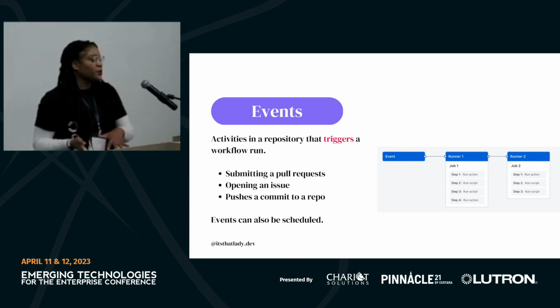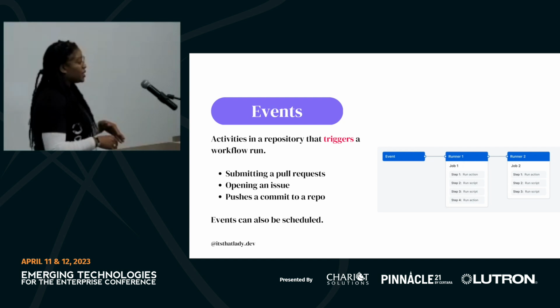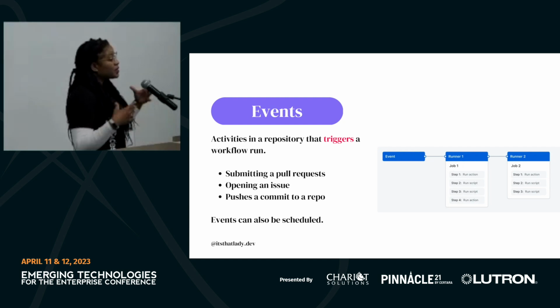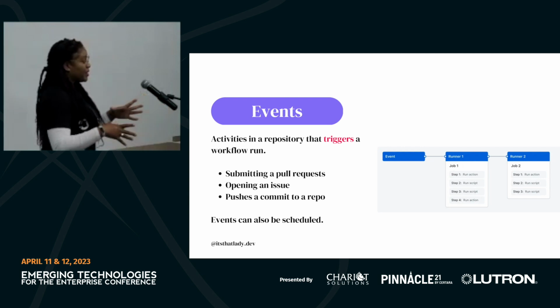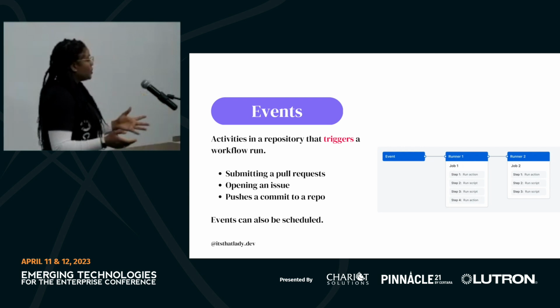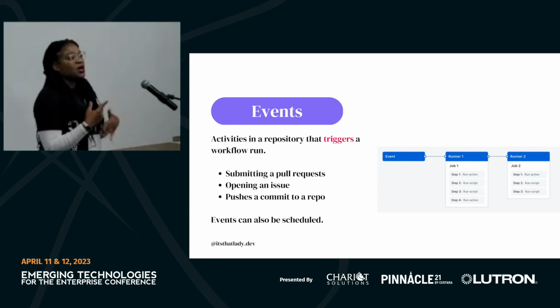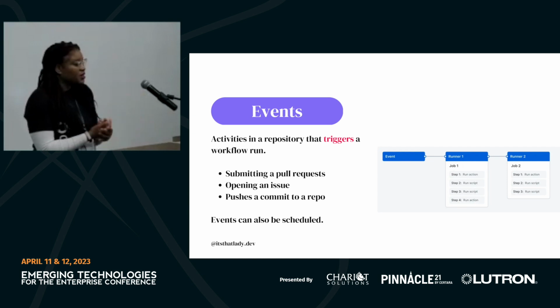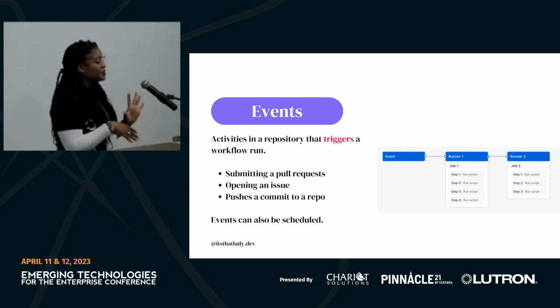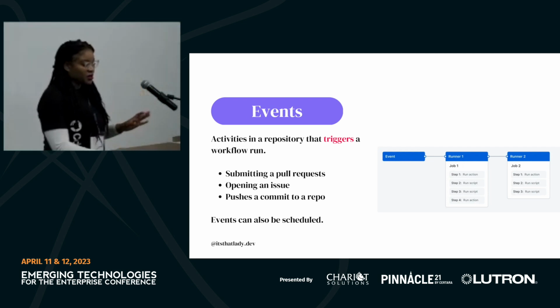And then at the end of the week, we also have an action that automatically opens up a GitHub discussion for us to update our managers on what we accomplished this week, what we posted, where we went, where we talked, what the metrics are, and so on and so forth. So that's how we use GitHub events, and those are scheduled for specific days. And so that's how we use actions on our team a little bit.